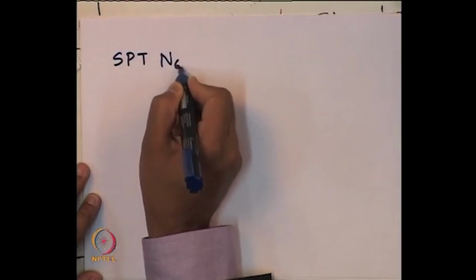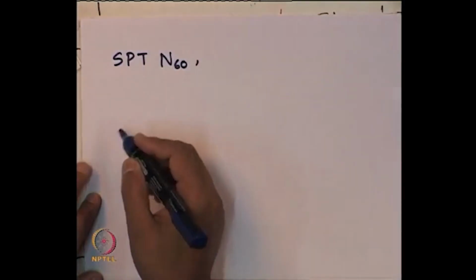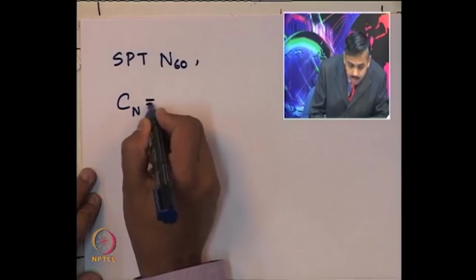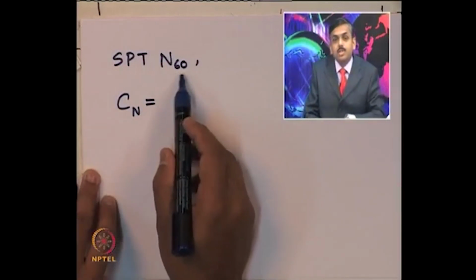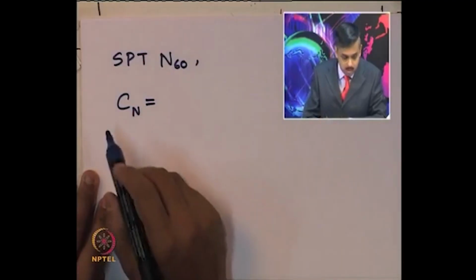Now, let us see how we can compute the cyclic resistance ratio, that is CRR, for computation of factor of safety against liquefaction. Before that, the SPT N60 value needs to be corrected further. So, what are the corrections required? The overburden correction Cn is required, because only energy correction is done here. The overburden correction is not carried out.